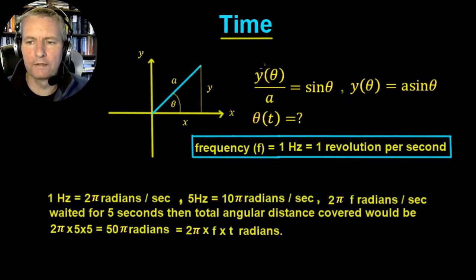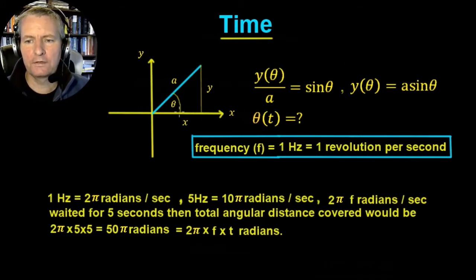I've put y as a function of theta because we're interested in how y changes as the angle theta changes. So y as a function of theta is equal to A sine theta. There shouldn't be anything new in that.